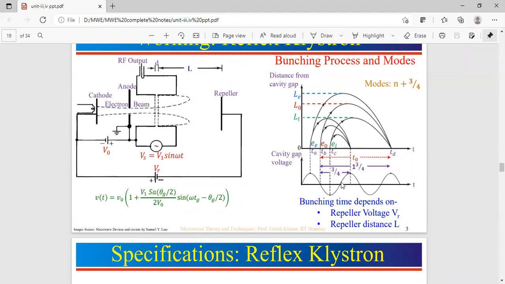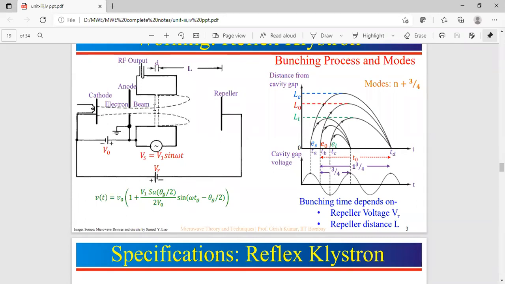When the electrons enter into the cavity during the positive RF input, they are accelerated and move deeper into the repeller space and are reflected by the repeller, and again come back into the cavity.